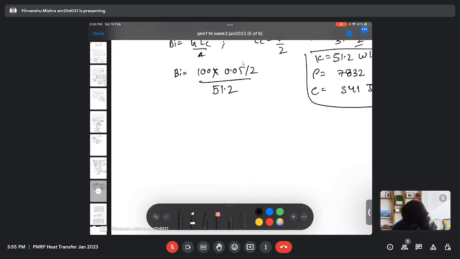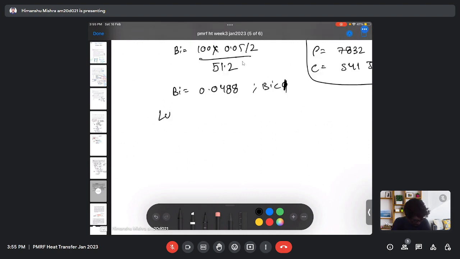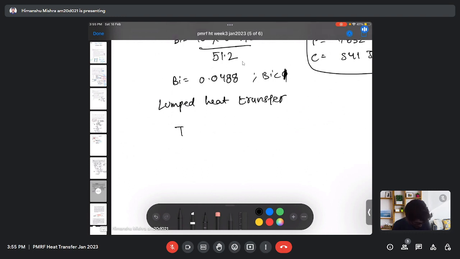So here the Biot number will be, on calculating, 0.0488, which ensures that our Biot number is less than 1. So we can use the Lumped heat transfer process again. We can write down the same formula.